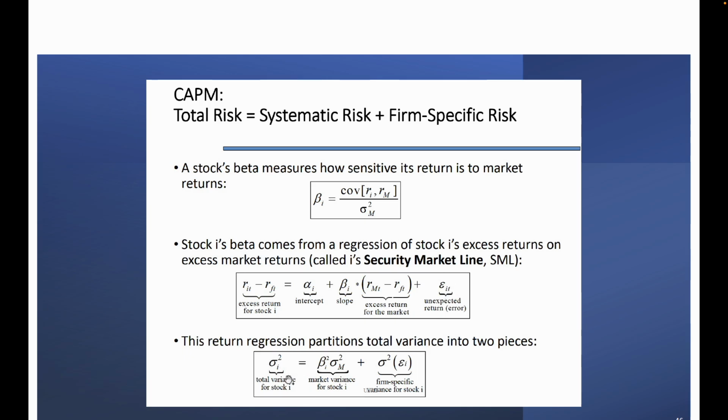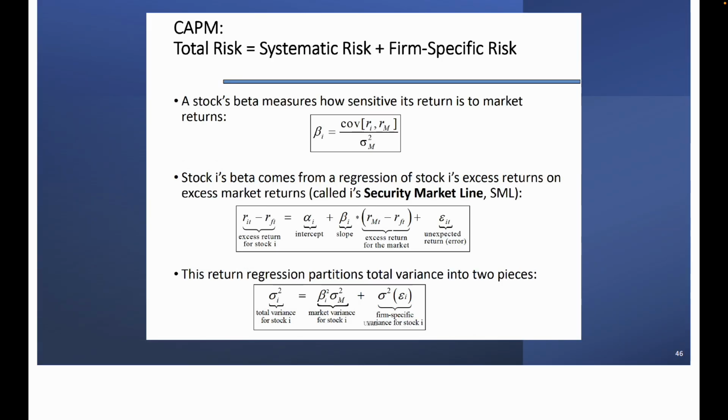So you see that you can decompose the variance of any instrument i into systematic risk and into risk that will disappear once you put asset i into a well-diversified portfolio. If you want to read on that outside of class, you can read about Barra, B-A-R-R-A. That's a risk analytics firm providing such risk decompositions to industry.